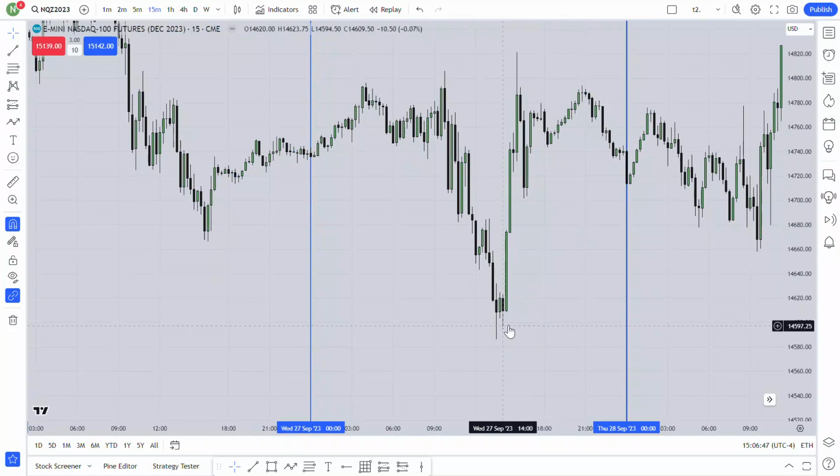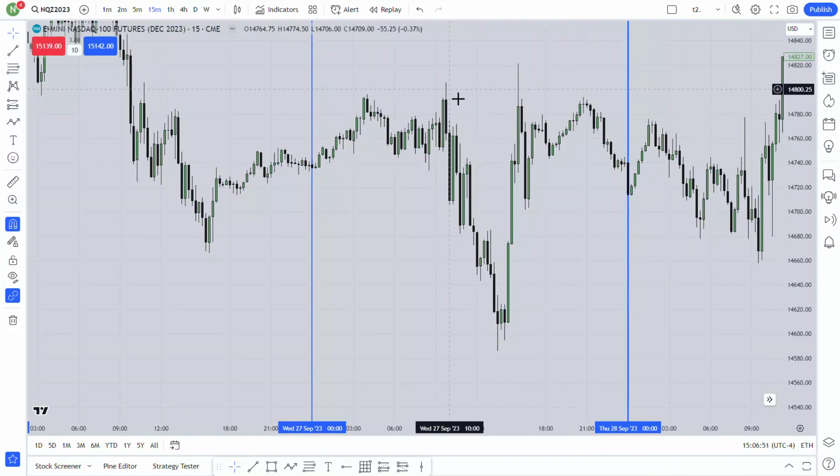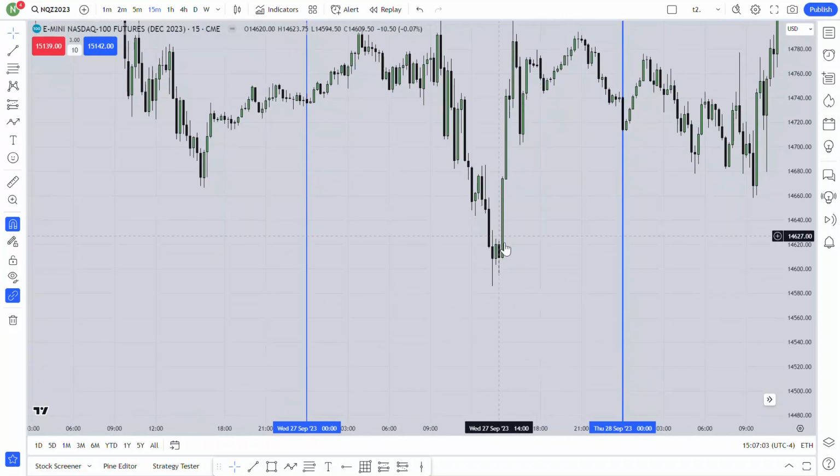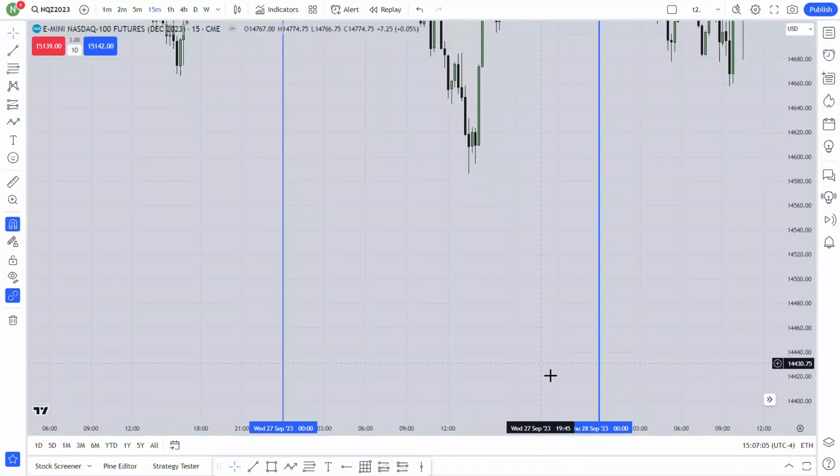Then at the PM session maybe it went higher again, and see how beautifully it has cleaned the buy side liquidity as well. It went lower, cleaned the sell side liquidity, then it went higher, also cleaned the buy side liquidity. Or if it would like to go lower, it will go according to your analysis.